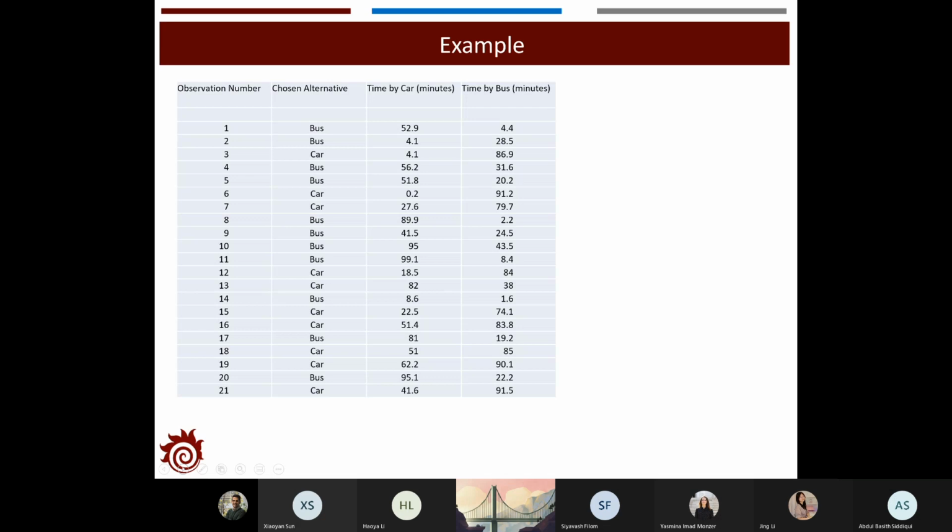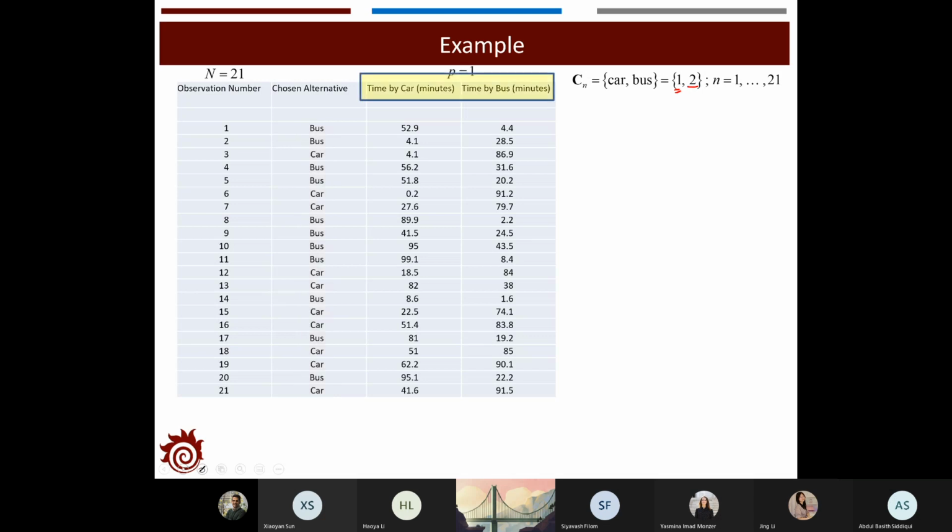And in the data, you will also be provided with the information about whether the individual is taking the bus or taking the car. With that, we have to summarize all the information that we can extract from the table. First of all, we have 21 observations, or 21 individuals. Second, we have two different modes, car and bus, assuming that mode 1 is car and mode 2 is bus. That's our assumption.